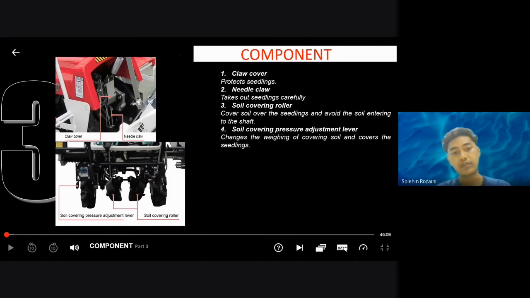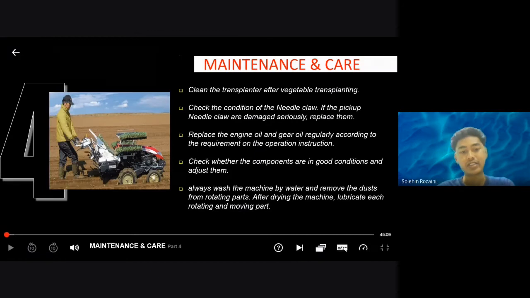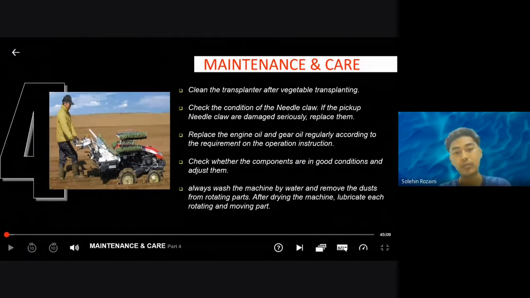Cover soil over the seedling and avoid the soil entering the shaft. And the last one is the soil covering pressure adjustment lever. Change the weight of covering soil and it covers the seedling. This one is to shape the soil, make it look like a ridge. That's all from me.